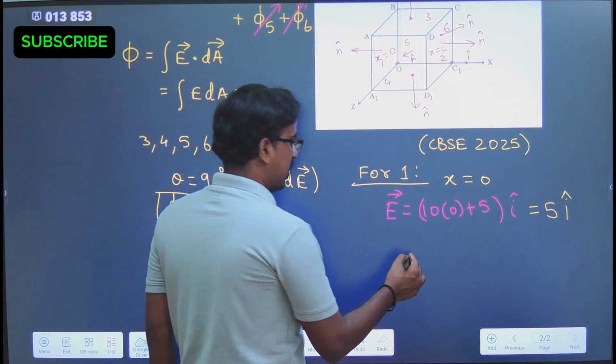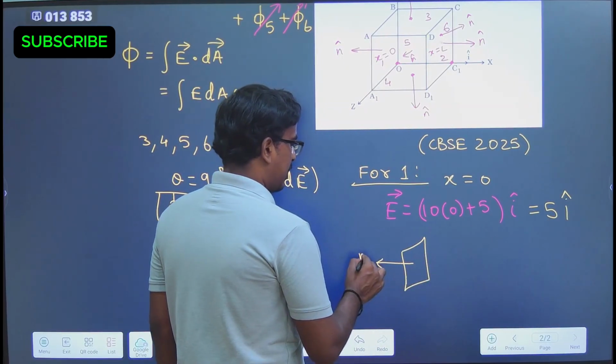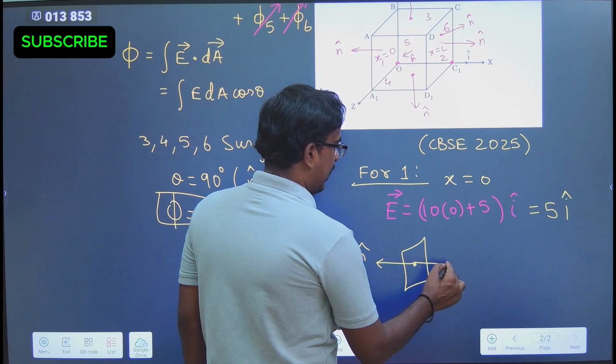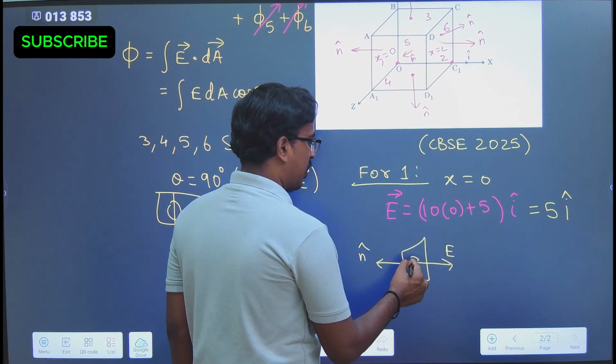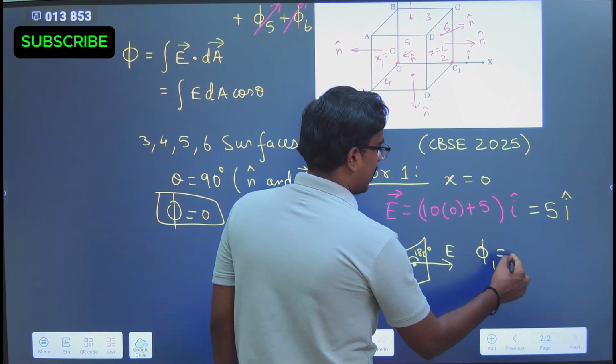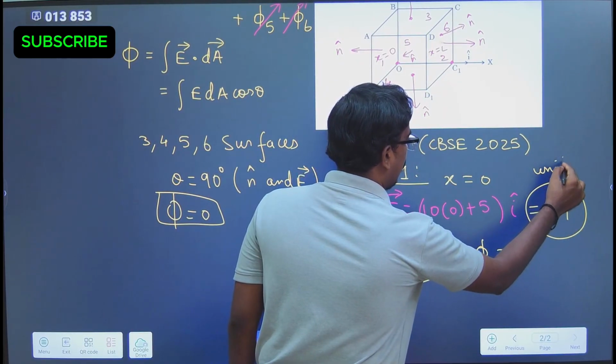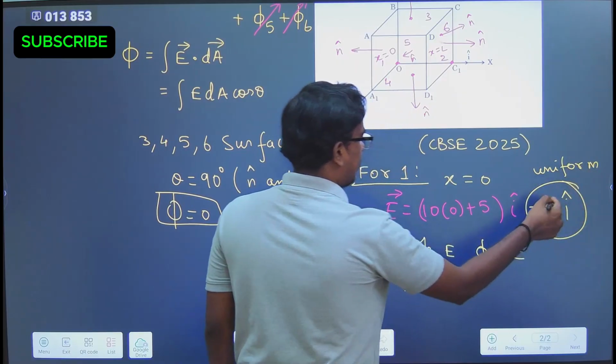So, what formula can I use here? This is the area vector we got for the first surface. Area vector is on the left side and the electric field is on the right side. So, what is the angle between them? It's going to be 180 degrees. So, flux for the first surface, what can you write? Now it is constant, so it is a uniform field formula I can apply.